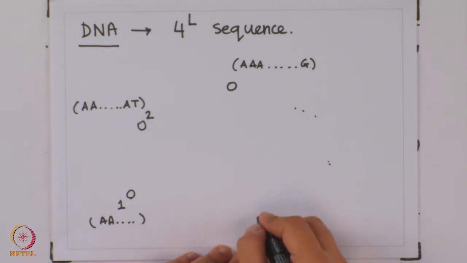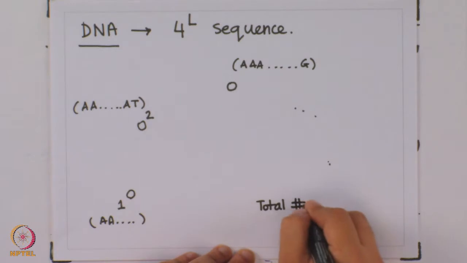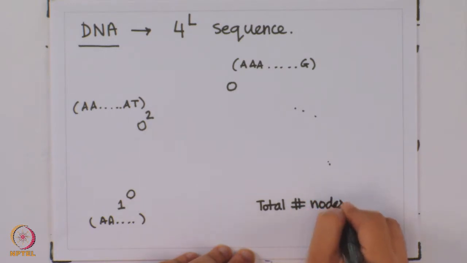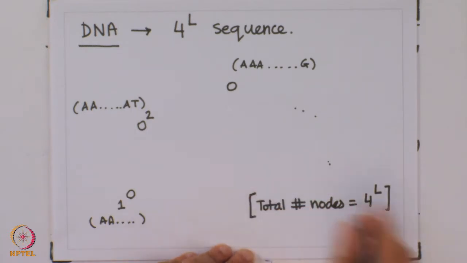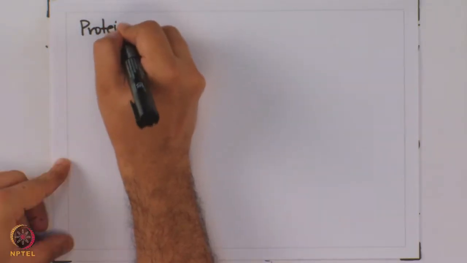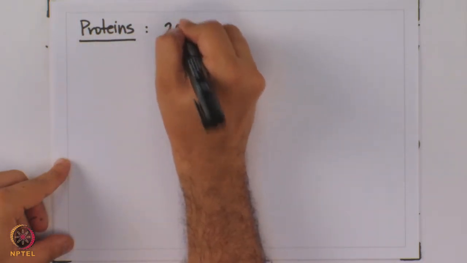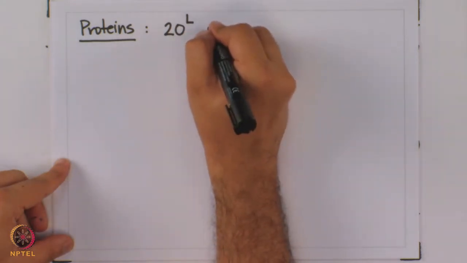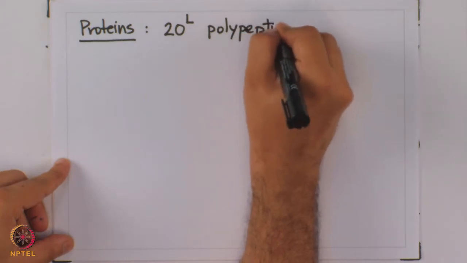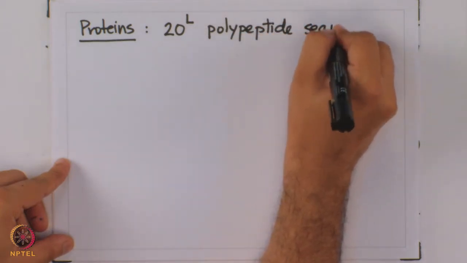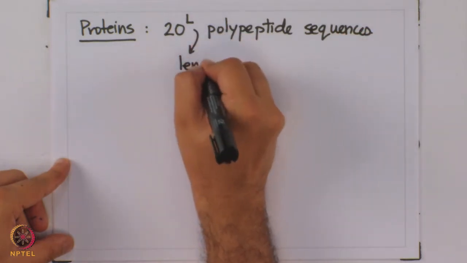So, the total number of nodes here on this plane will be 4 to the power L. And similarly, in the context of proteins, we have 20 to the power L polypeptide sequences, where L now is the length of the protein.